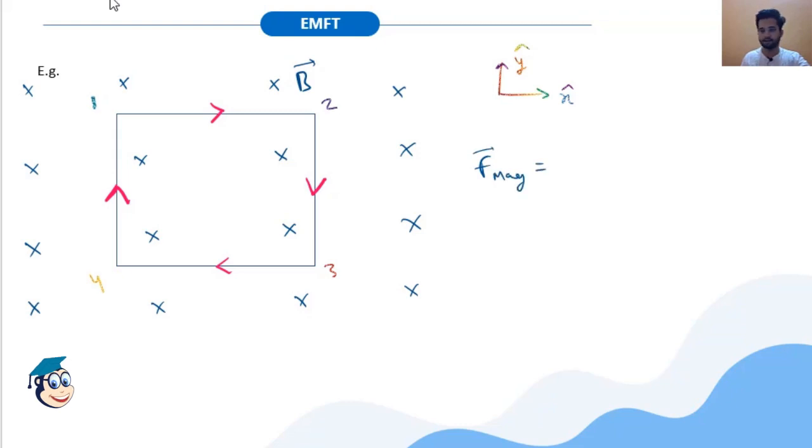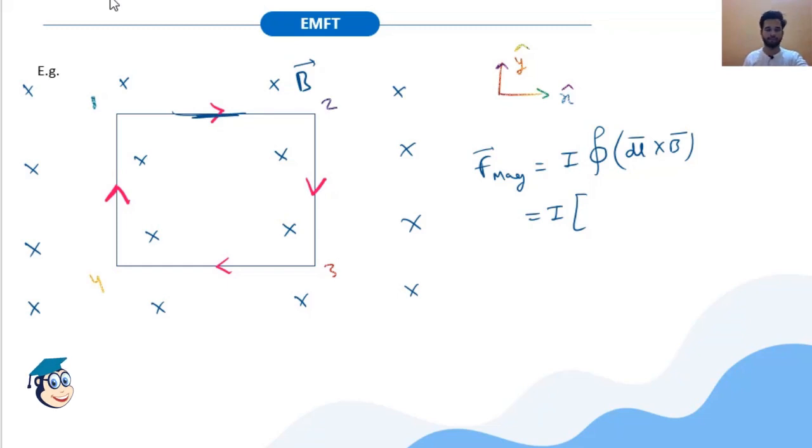is given by I times, as the loop is closed, the closed line integral of dl cross B. This can be broken into 4 parts. First part will be, we know dl and B are always perpendicular. dl is in the plane, and B is perpendicular to the plane.